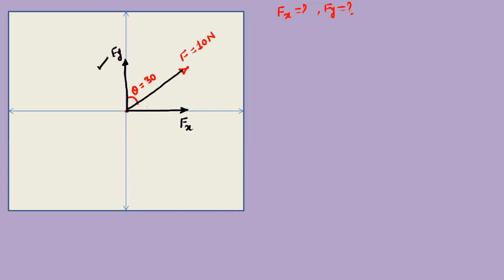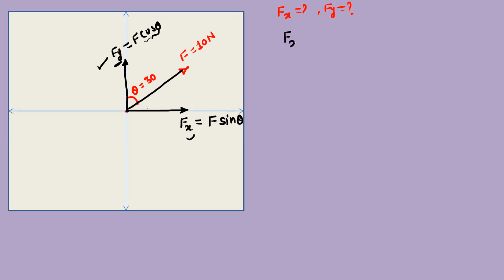So Fy will become adjacent and Fx will become the opposite. So I will write this as Fx is equal to F sin theta, and Fy is F cos theta. I have used the cos because the y component is adjacent to the given angle theta.